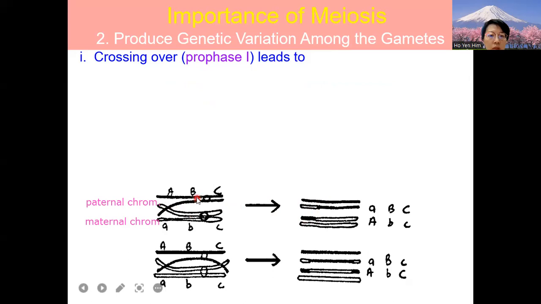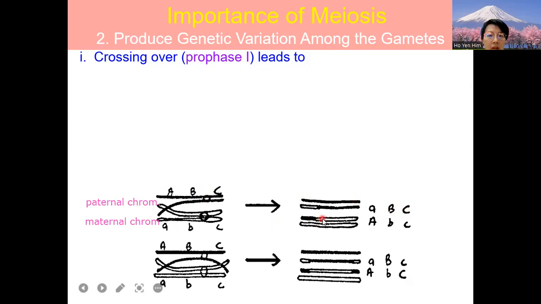Originally the paternal chromosome had the alleles big A, big B, big C. After crossing over, this chromatid now has small a, big B, big C. So this chromatid is already genetically variable from the original paternal chromosome.